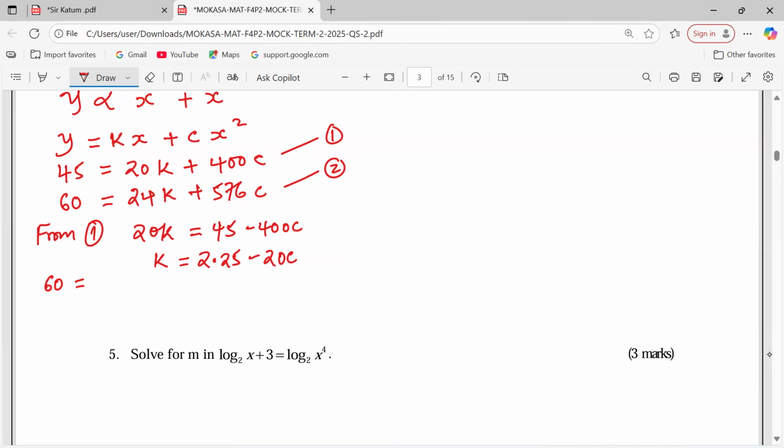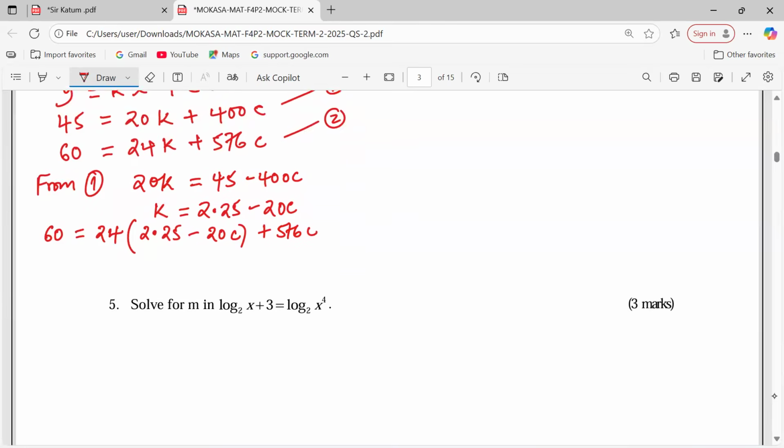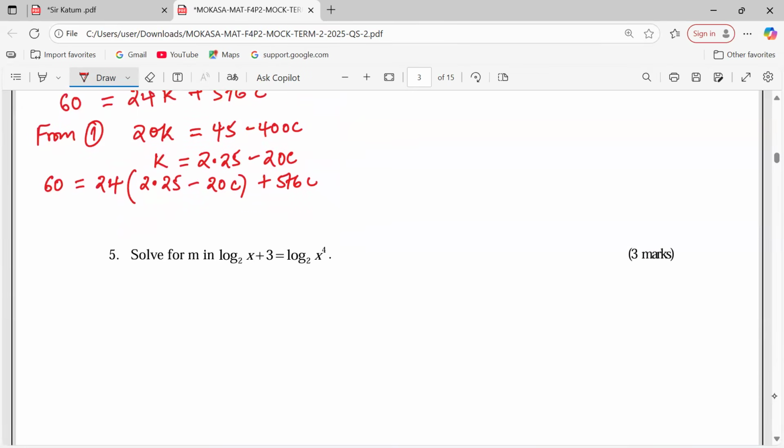60 equals 24, instead of k, 2.25 minus 20c. Then we add 576 multiplied by c. At this particular point now, we can say 60 equals, we multiply 24 by 2.25. This is 54.